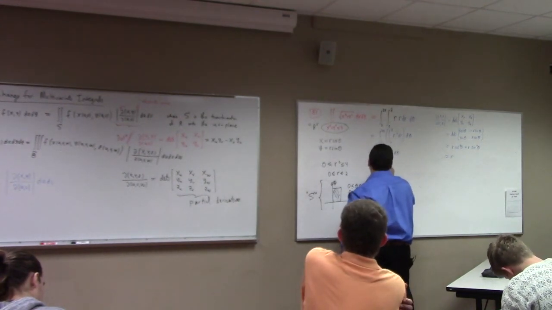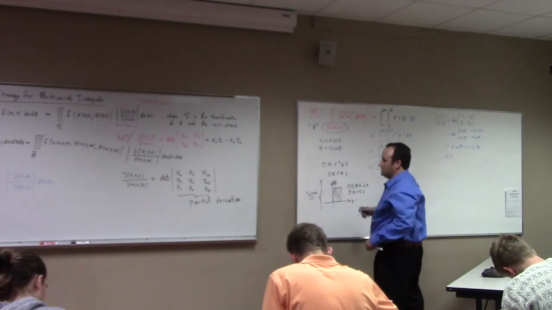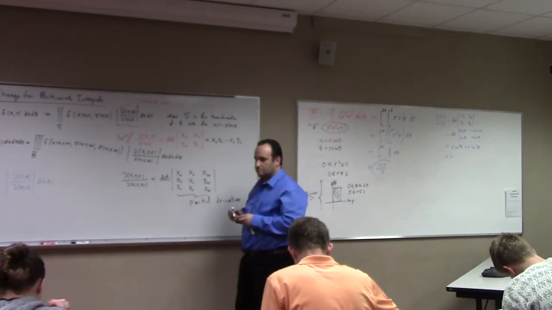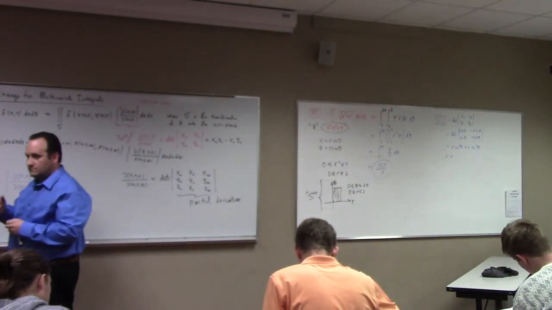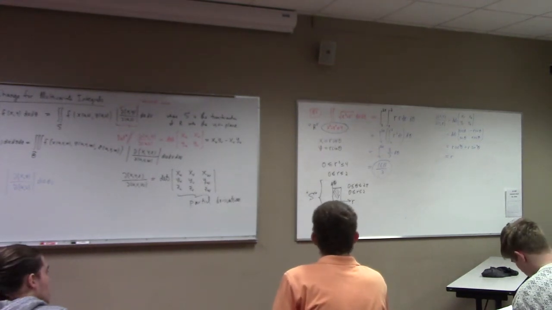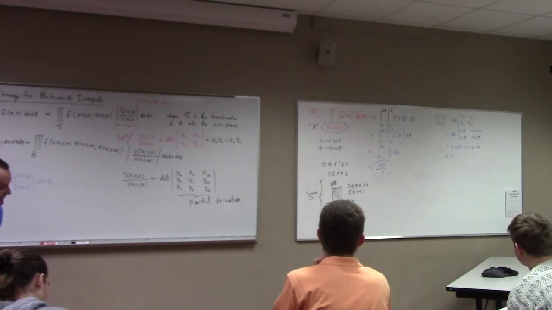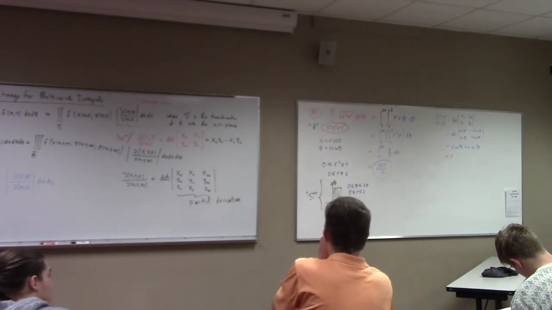So I calculate 16 pi over 3, because the d theta integrates to give me 2 pi. And the r squared integrates to r cubed over 3, right? But 2 cubed is 8, so that gives me 8/3.